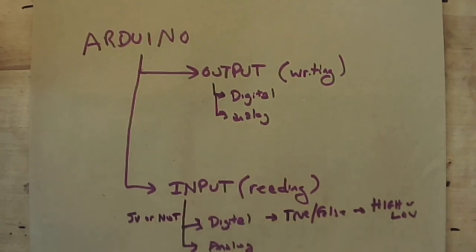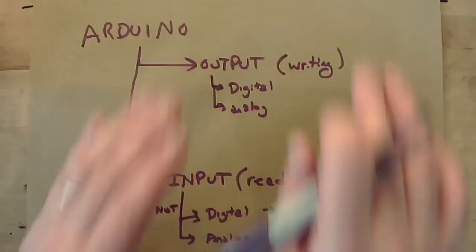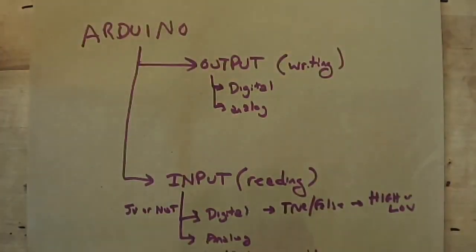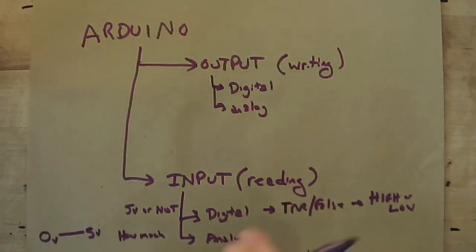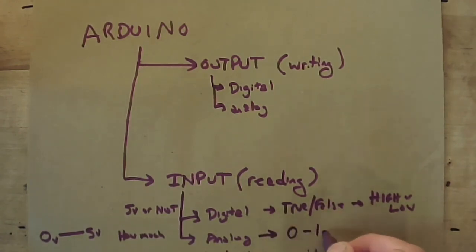For analog inputs, they tell us how much electricity. So this will tell us on a spectrum 0 through 5 volts. So if I plug in a source of power and do an analog read, this is going to give us a value between 0 and 1023.